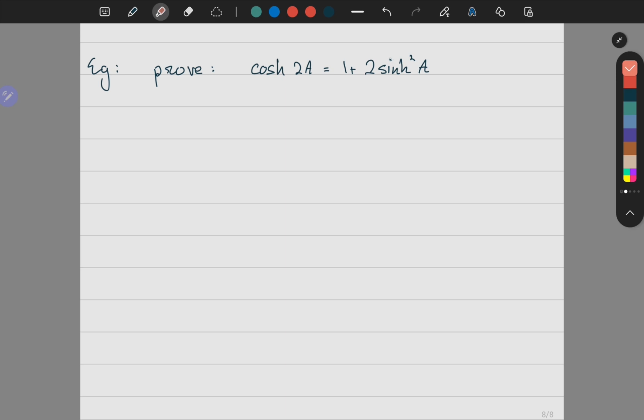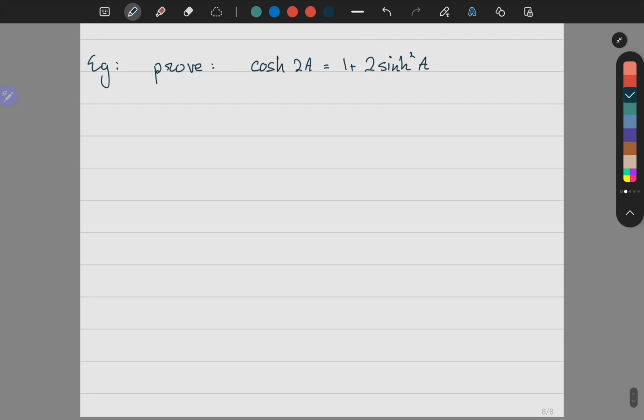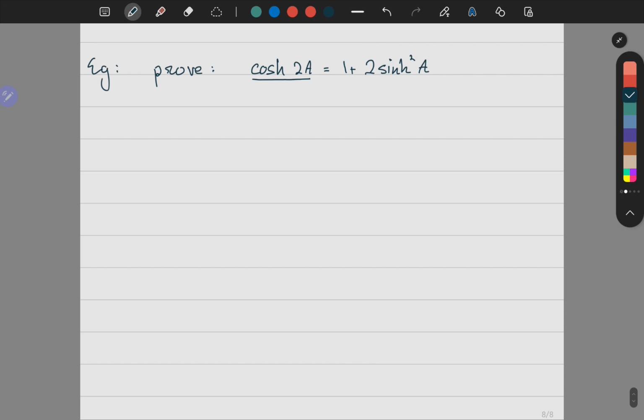It was minus before, so if you add another minus, that becomes plus. So how would I go about this? Now, if I started from here, it would actually, in my opinion, be harder to show this. So this is one of the few rare cases where it's better to start from the right-hand side rather than the left-hand side. So let's begin.